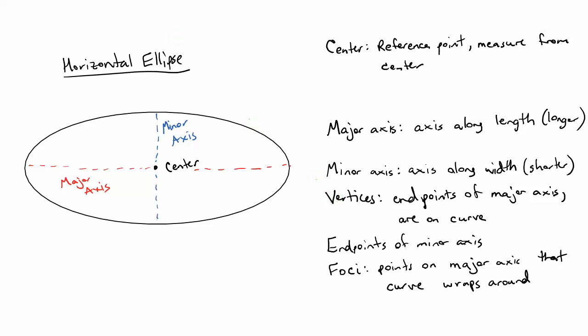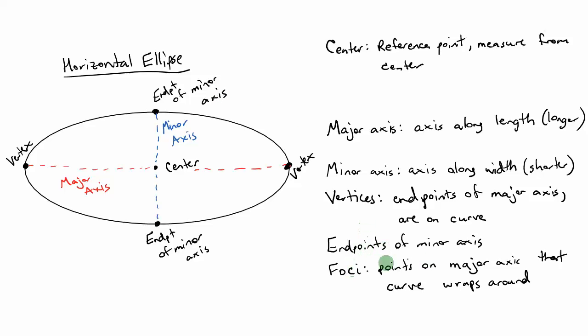Then we have our vertices. The vertices are the endpoints of the major axis. In a horizontal ellipse, the vertices are left and right of the center. So this is a vertex, and this is a vertex. Then we have the endpoints of the minor axis. Well, that's pretty simple, self-explanatory. Endpoint of minor axis and endpoint of minor axis.